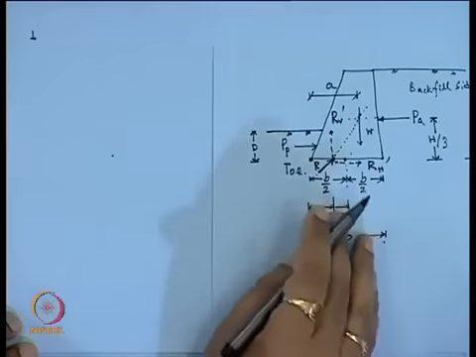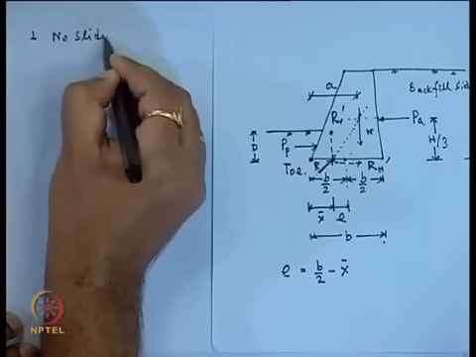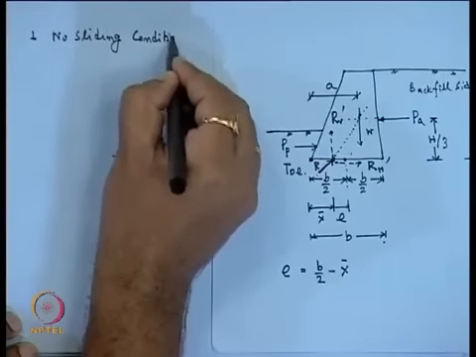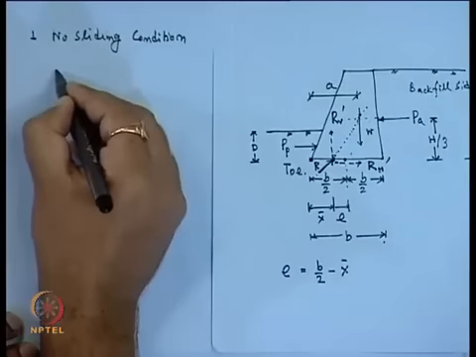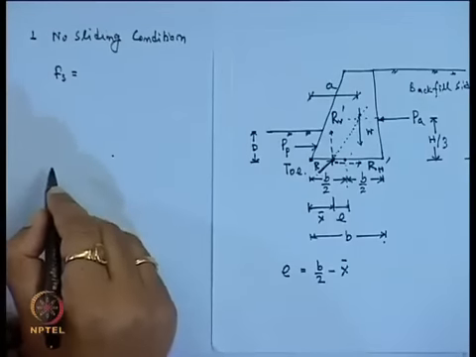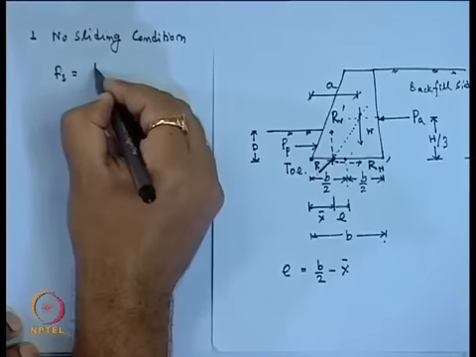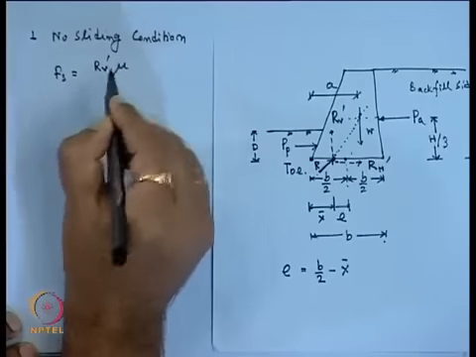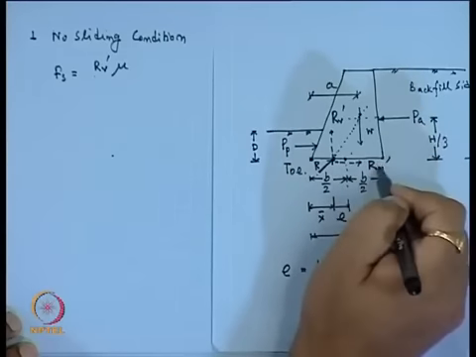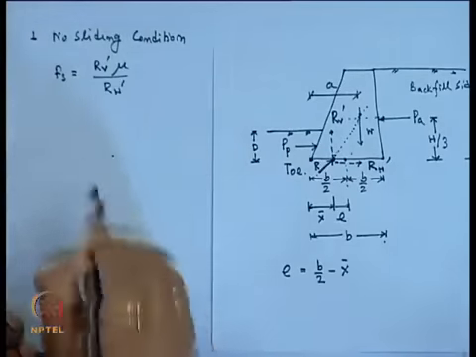Now, for the no sliding condition, we have to check the factor of safety. So, the factor of safety F s for the no sliding condition: the sliding force is resisted by this vertical force R v dash into the coefficient of friction mu, and the sliding is a possibility because of this R h force, that is R h dash.